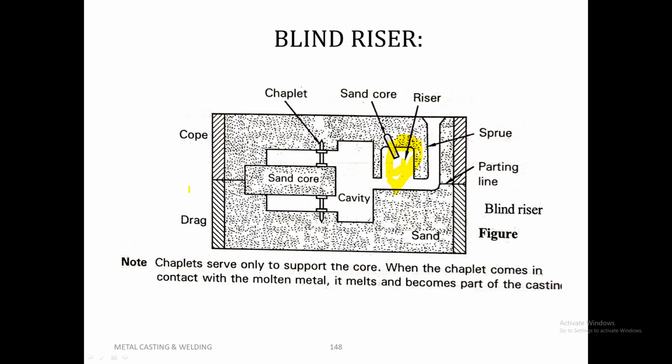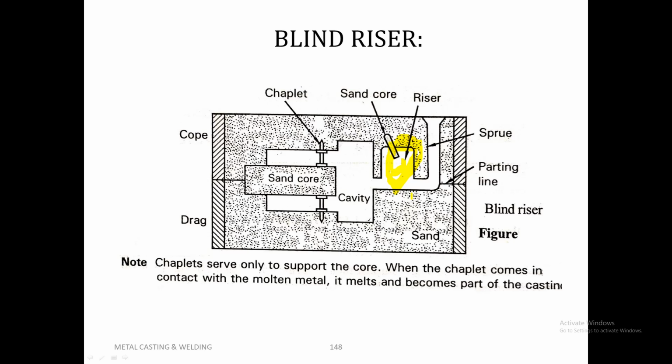In some of the improved designs, a permeable dry sand core fitted to the top of a blind riser extends up through the cope to the atmosphere, and due to its permeable nature, air is able to enter the riser and exert some pressure.